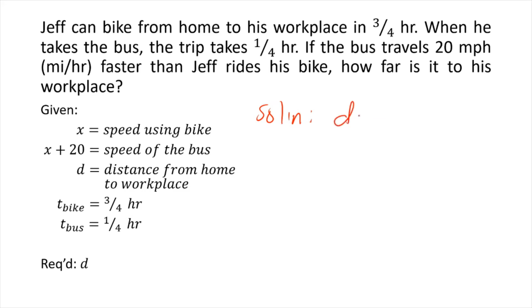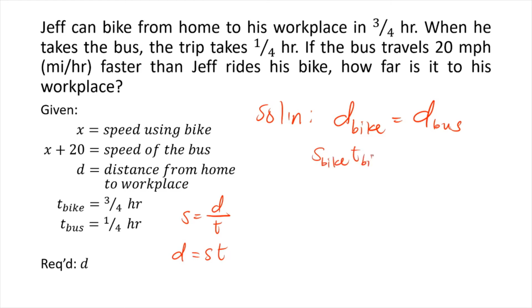So we can equate the distance if he rides his bike and the distance if he takes the bus. Then we'll be using the formula for speed, that's distance over time. If we isolate distance d, we get speed times time. So this is equivalent to the speed if he uses his bike and the time if he uses his bike. And then for this one, the speed if he takes the bus and the time if he takes the bus.